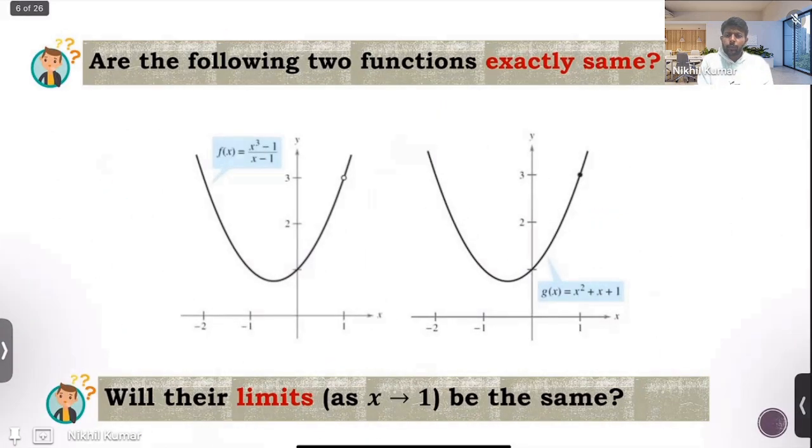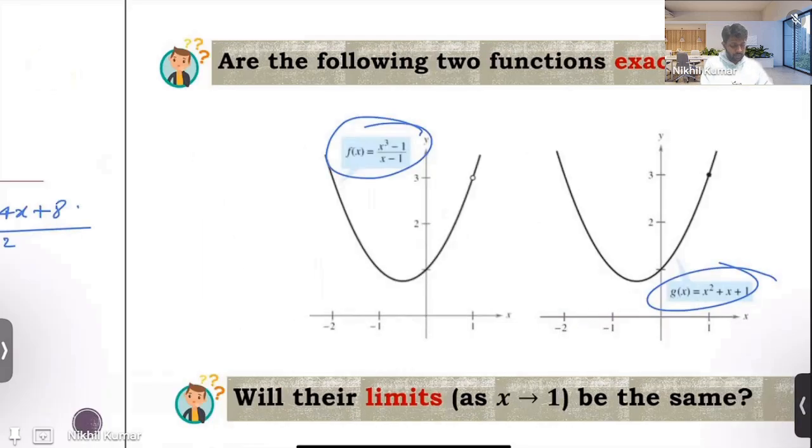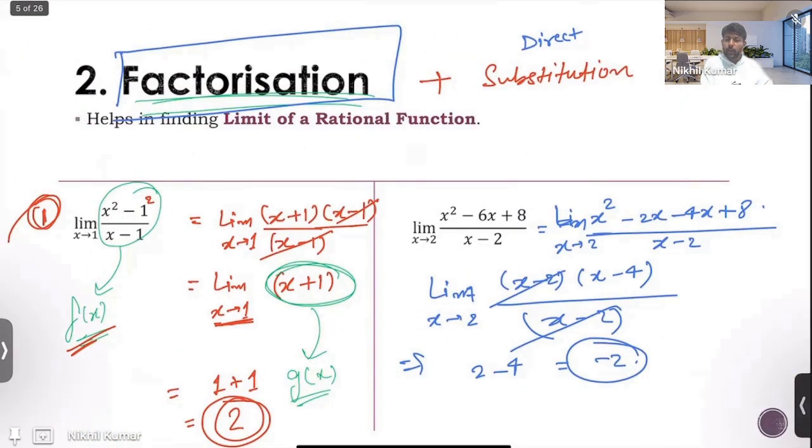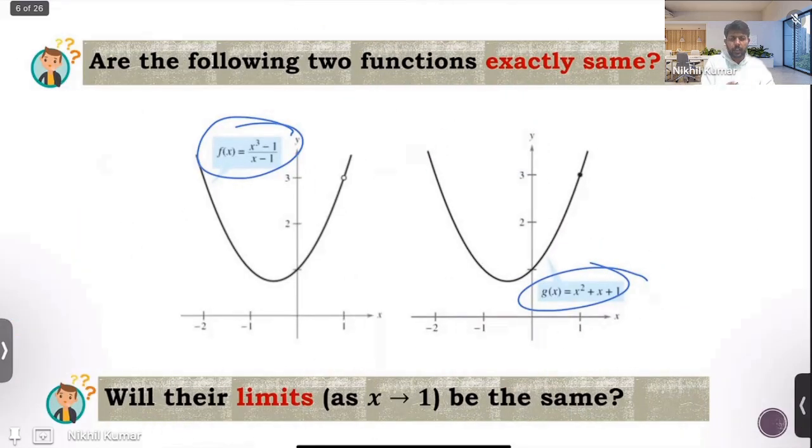I did tell you that we are going to discuss whether this function and this function are exactly the same or not. Now, these are different functions than what we considered here. Here we had x square minus 1 upon x minus 1, and here we have x cube minus 1 upon x minus 1.